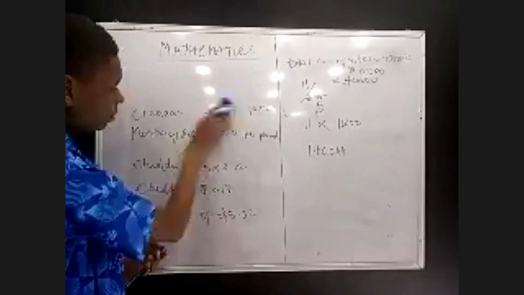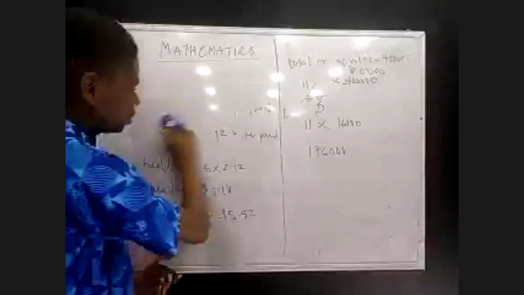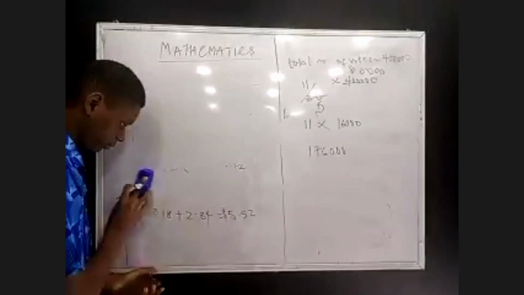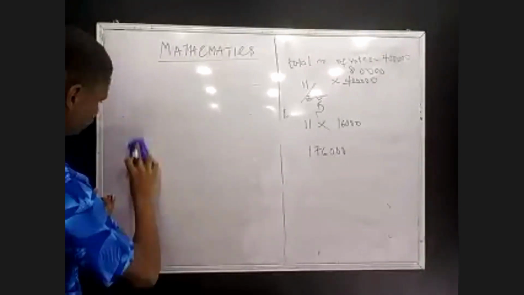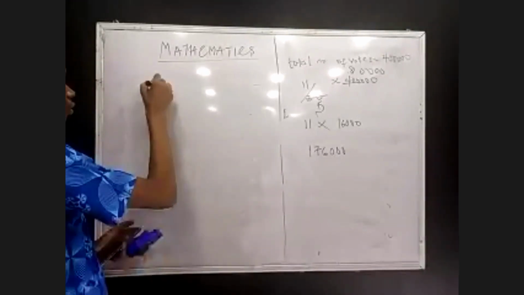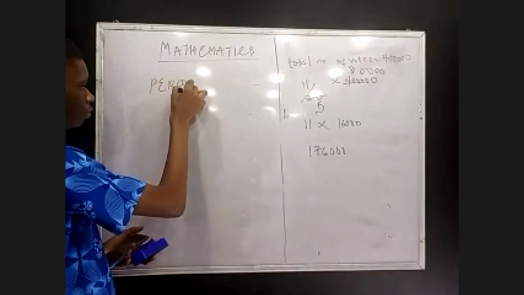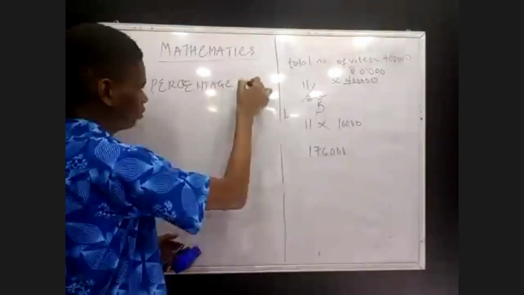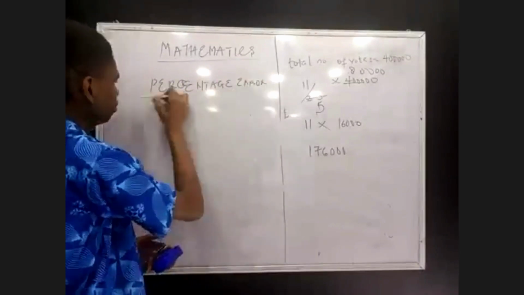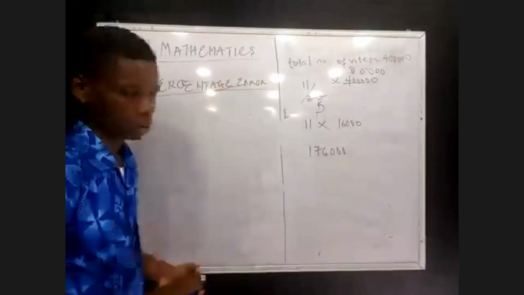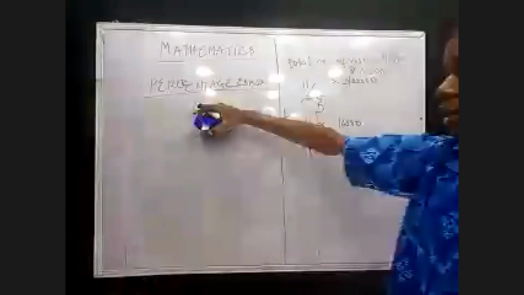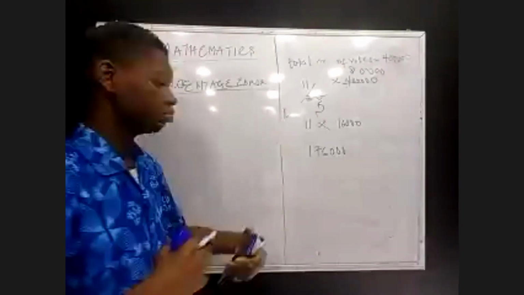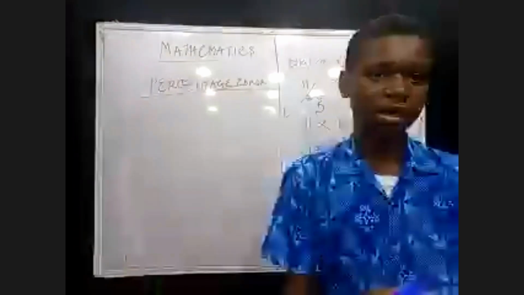So the topic will be percentage error. When we are talking about percentage error, what do we mean? Simply the amount of deficiency, calculated in percentage, of an estimated value to an actual value.